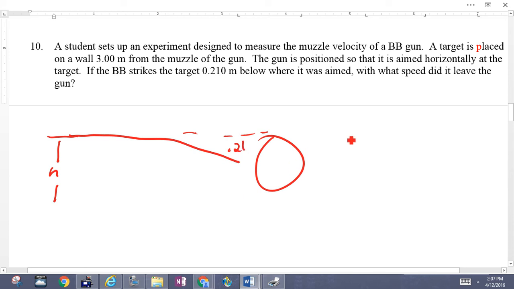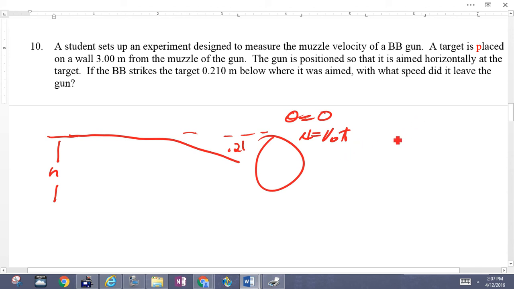21 centimeters rather. So that's what you got there. Okay, that drop is 21 centimeters. Again, theta is equal to 0, so we're back down to the equation in x equaling v0 t cosine of theta, but cosine of theta is 1, so we're down to that.